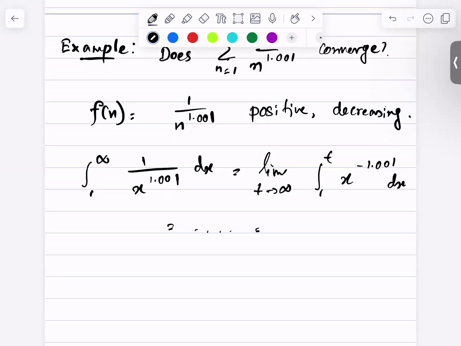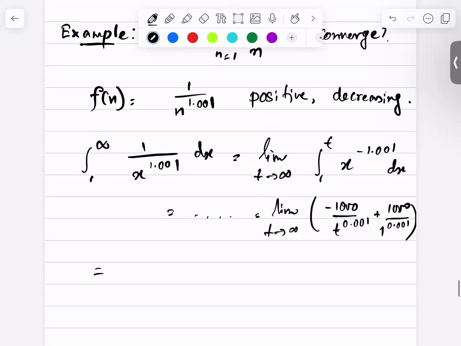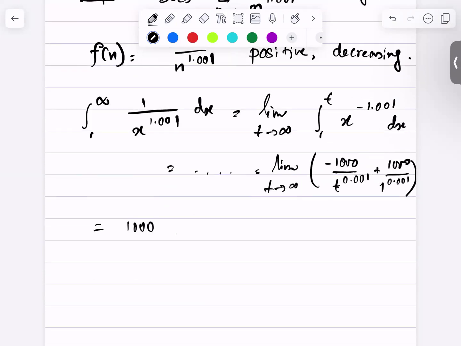At the end, you'll get something like this: limit as t tends to infinity of minus 1000 over t to the 0.001 plus 1000 over 1 to the 0.001. And that is basically 1000. So therefore, I can see that the integral is finite, so it obviously converges.